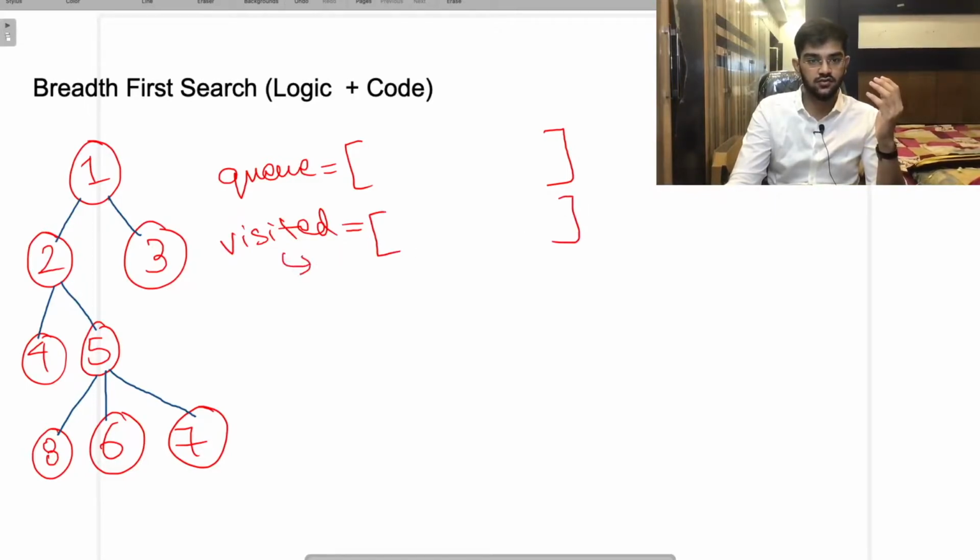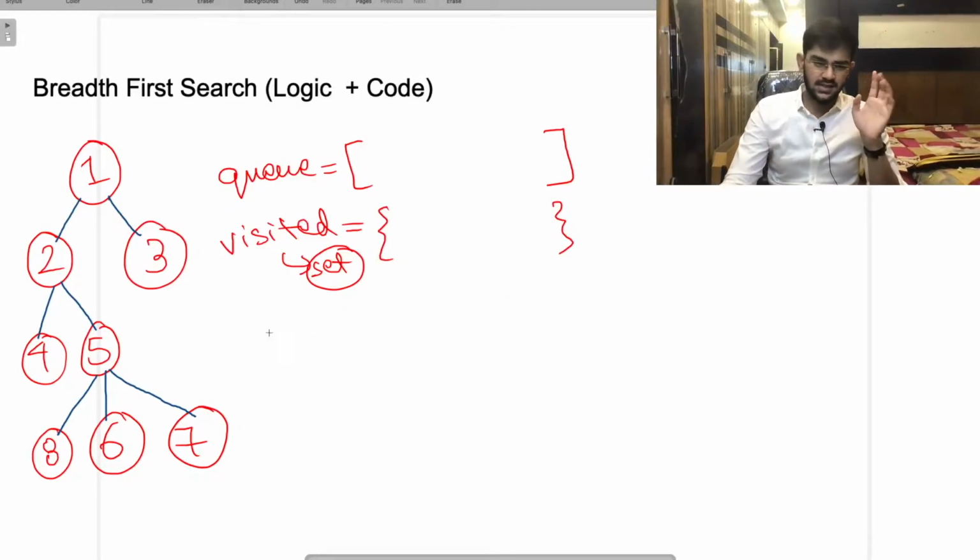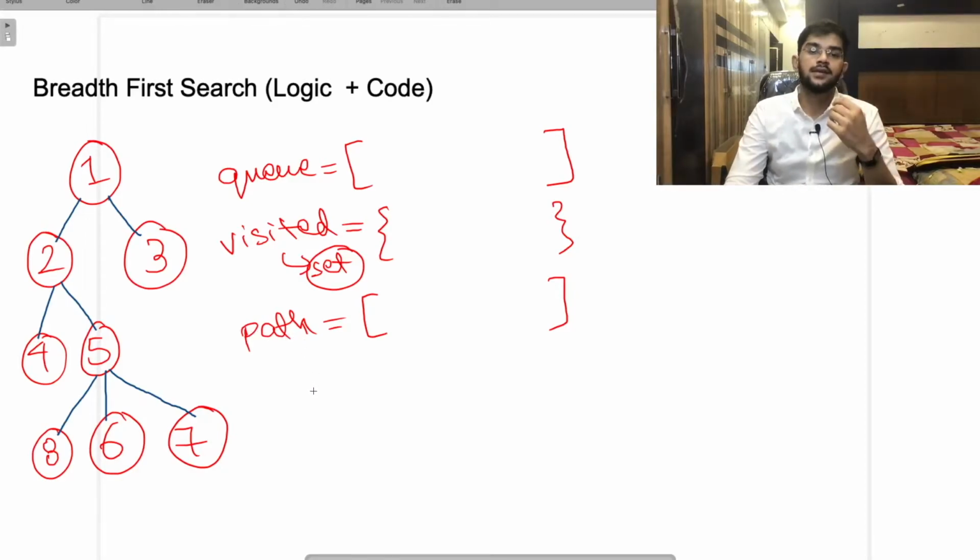Let me quickly erase this and represent it by curly braces because that's the representation of a set, as we all know. So we are maintaining queue, visited, and then we can maintain one array called path, just to store the path traversal, the breadth first search path traversal. Okay. Now that we know these are the important data structures we are going to use, let's get started with the process.